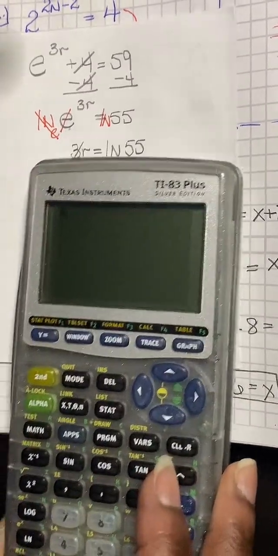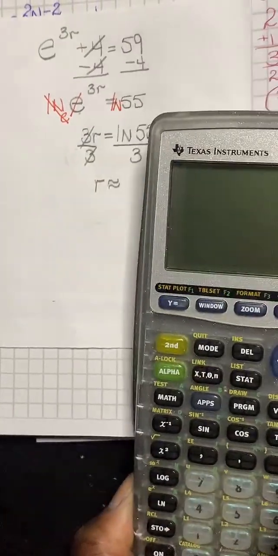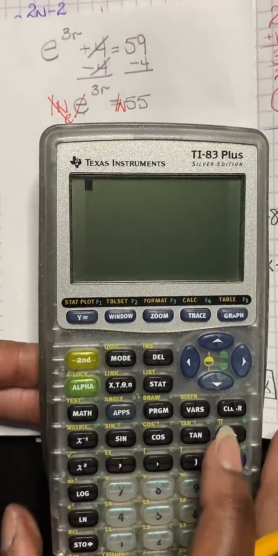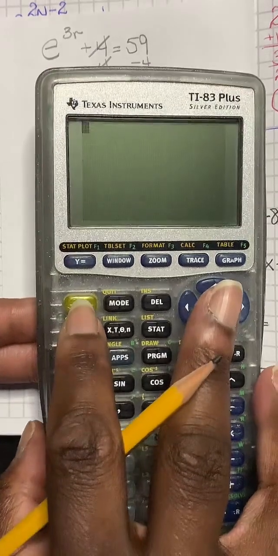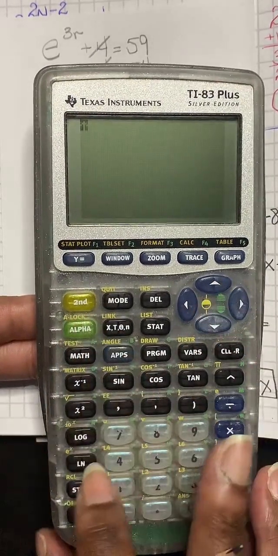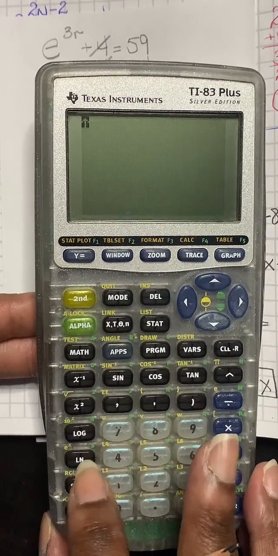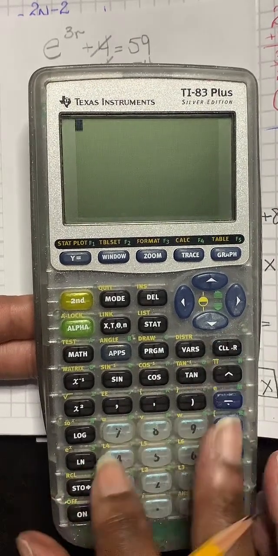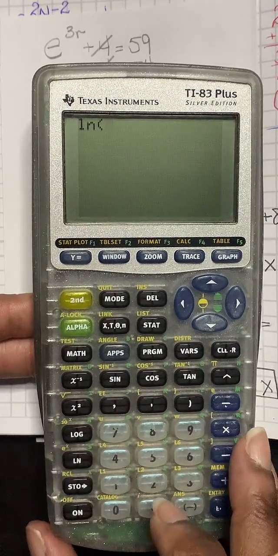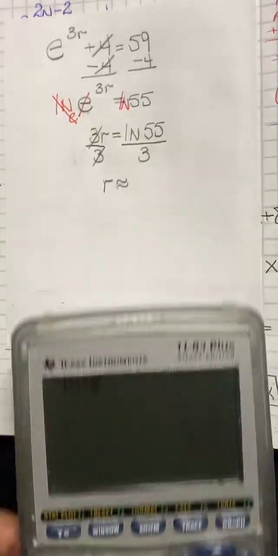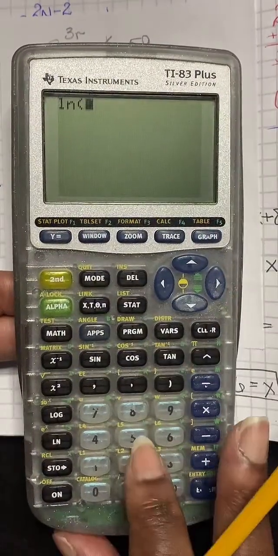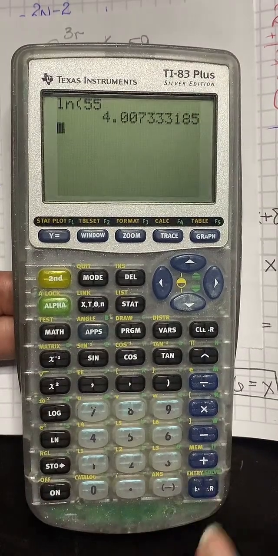So how I get to natural log on my calculator, I hit the second and the log button, or some people have log, natural log right here. Okay, so I'm going to type in my natural log of 55. Hit my enter.